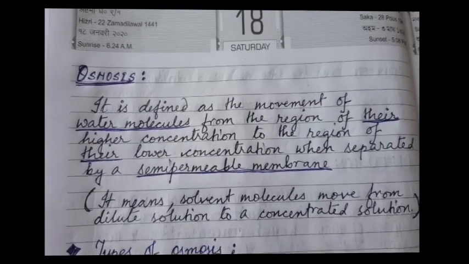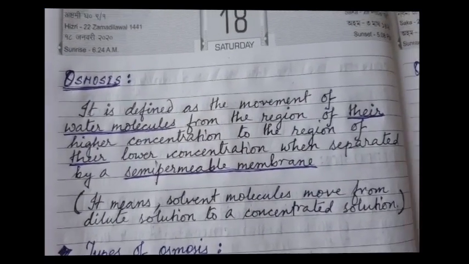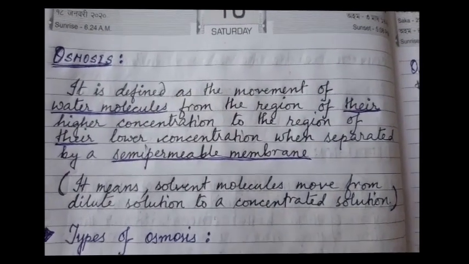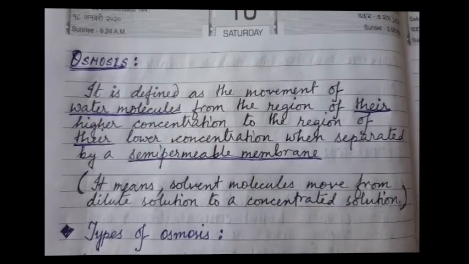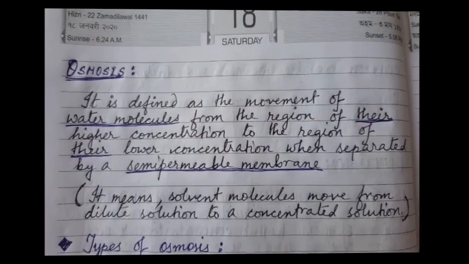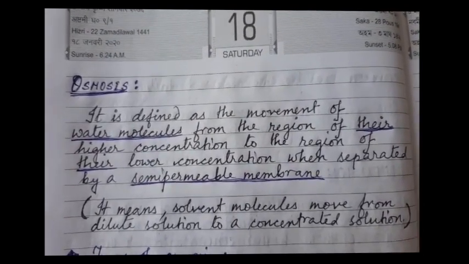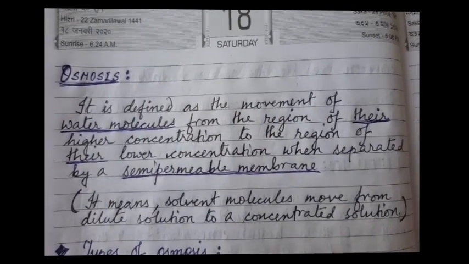Now while talking about these membranes or about the permeability, we can say that these membranes can be of some types. Semi-permeable is mentioned here. It means it allows only certain substances to pass through it. The membrane can be fully permeable or impermeable also.